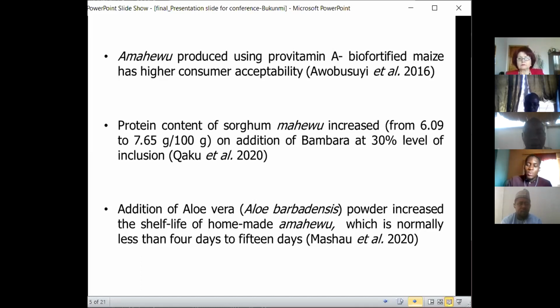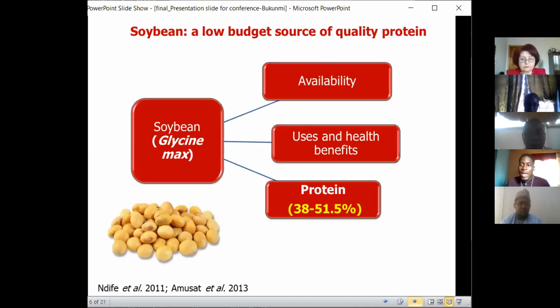But there has not been any record of the addition of soya bean to Amaheu. Generally, we know that soya bean is very rich in protein and is also a low-budget source of protein, which can help to improve the quality of different food materials, especially cereal products, which are not rich in protein.